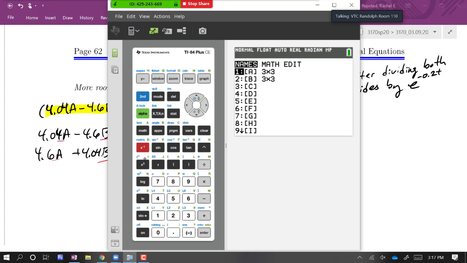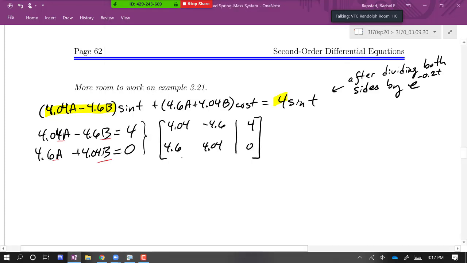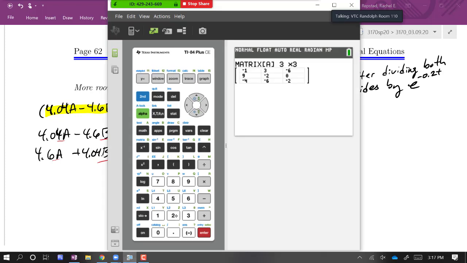And what we're going to do is edit a matrix. I'm just going to go ahead and put it in the first matrix, matrix A. The first thing it wants you to give it are the dimensions. And dimensions are always number of rows by number of columns. So our matrix here has 2 rows and 3 columns. So I'm going to do 2, 3, and then once I put that in, you'll see that there are exactly the right number of spaces for me to plug everything in.